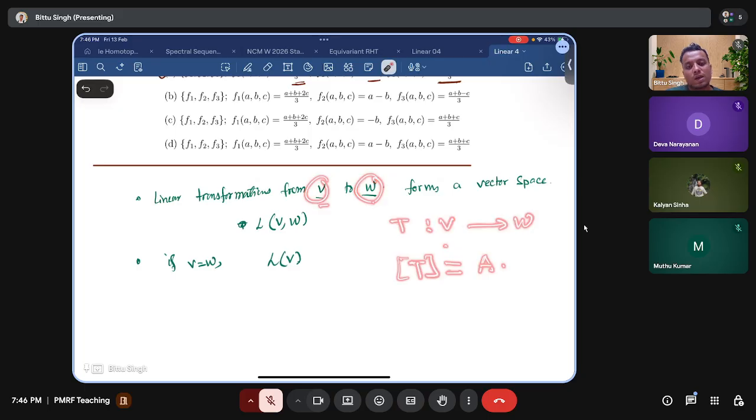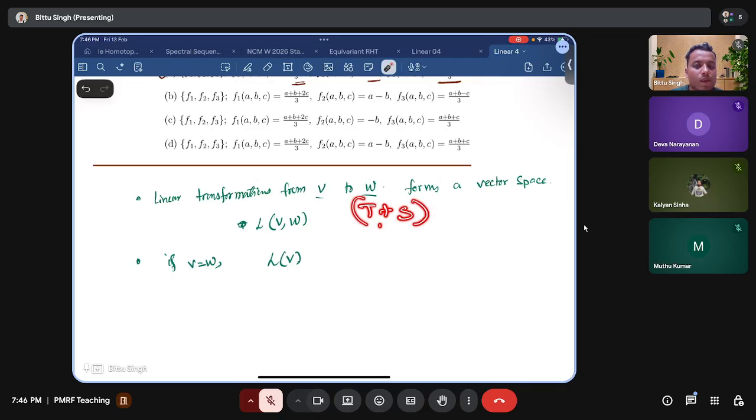So this is the idea why this forms a vector space. You can also directly calculate that the sum of any two linear transformations is also linear. So that is an important thing.